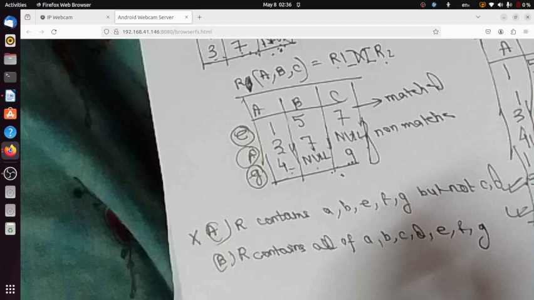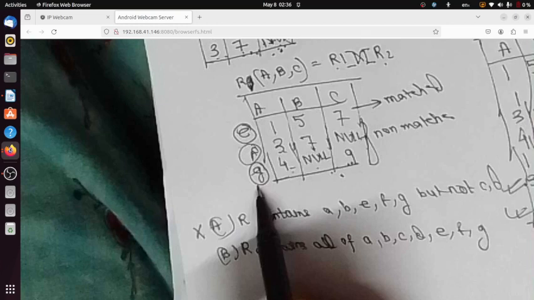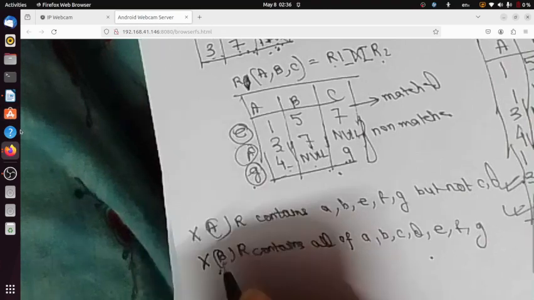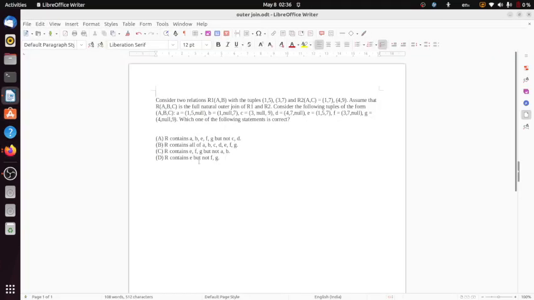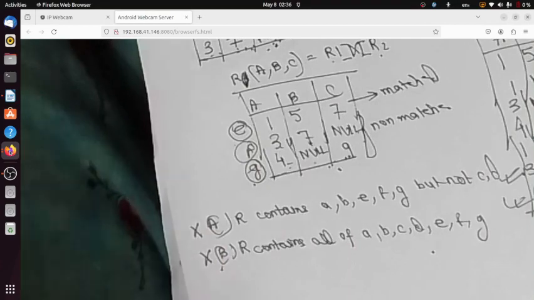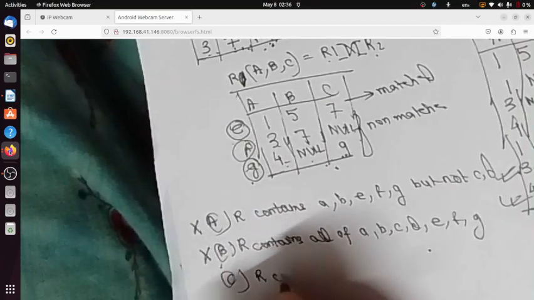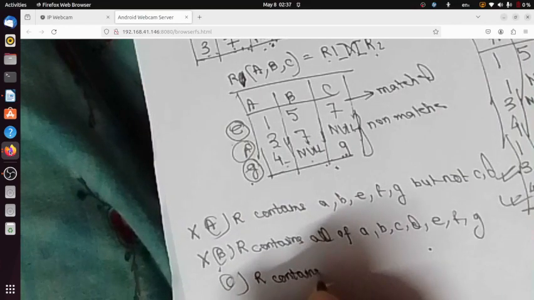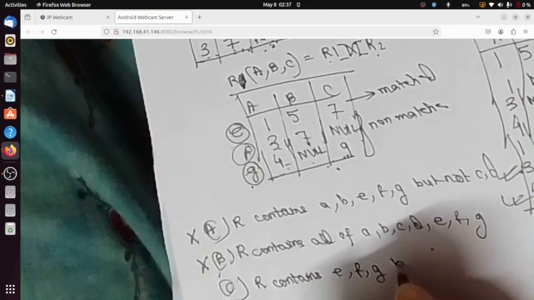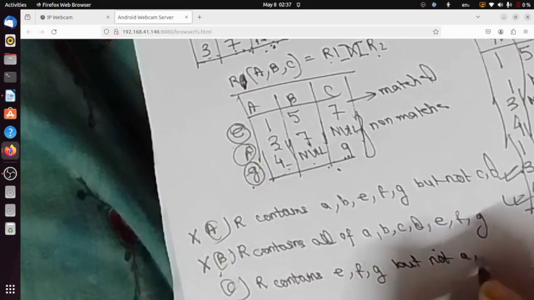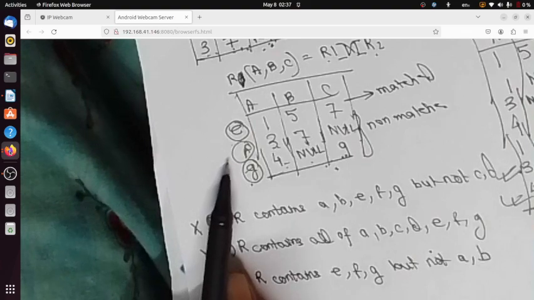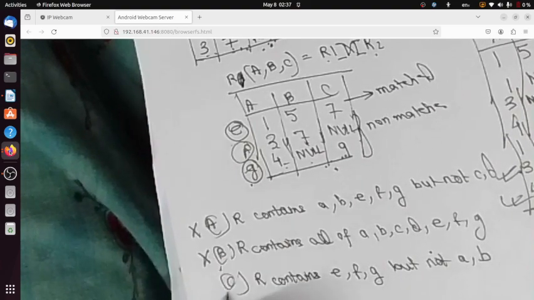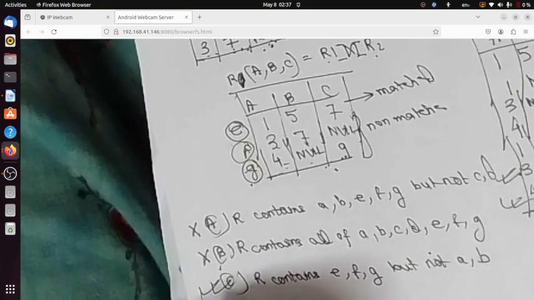Now we go to option C. Option C says R contains E, F, G but not A, B. Here R contains E, F, G but not A, B, so option C is correct, and that is the correct answer.